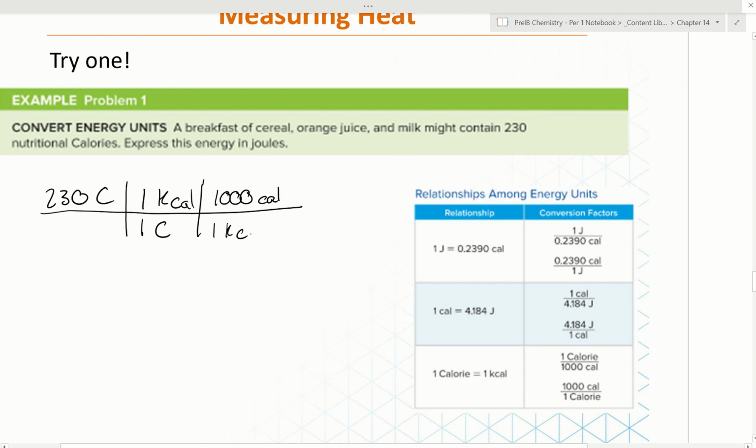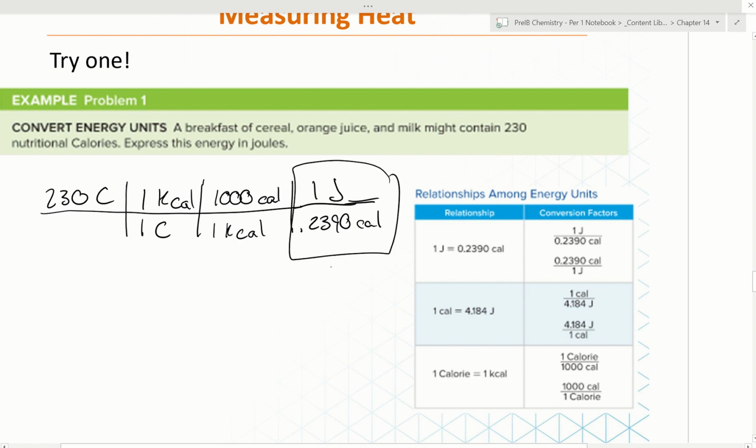So we'll call them cal, like this. And for every 0.2390 calories, we have 1 joule. All right, so these are the conversion factors that we're using here.